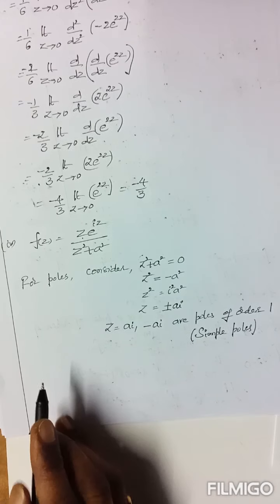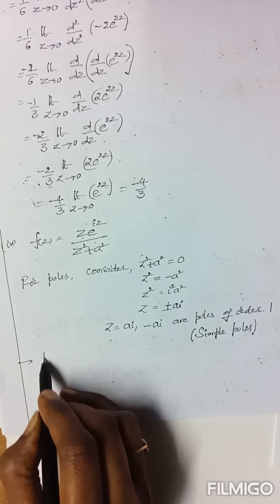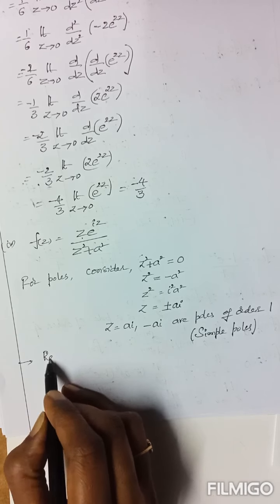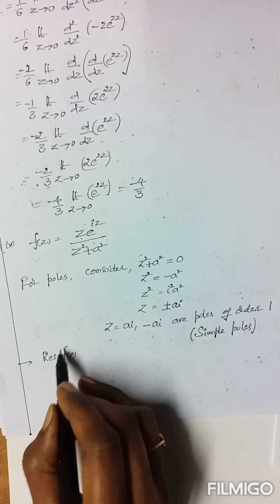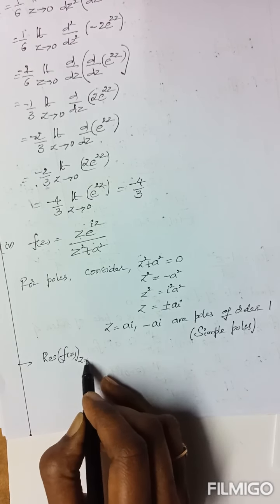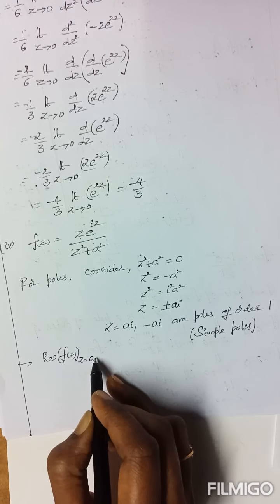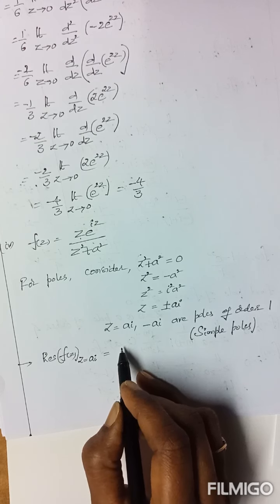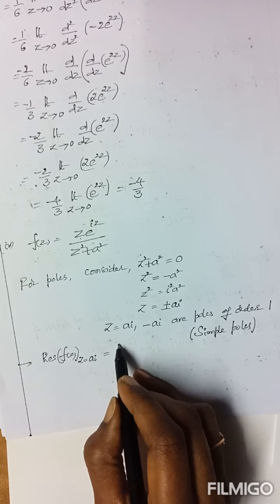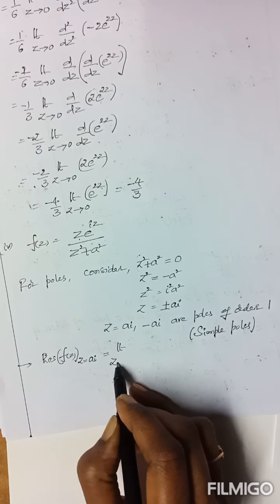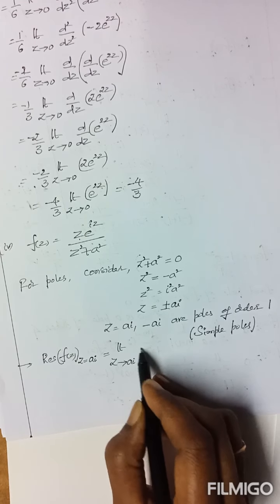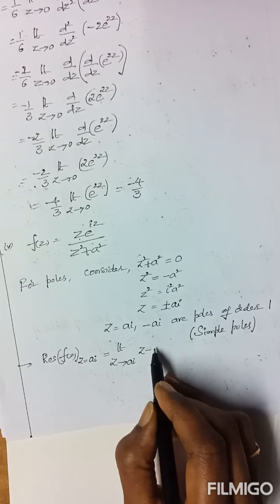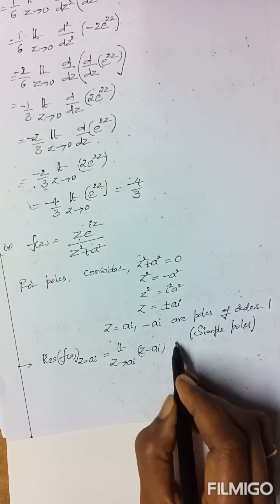After that, similar to the previous, residue of f of z at z equal to the simple pole ai. The formula is limit of z tends to ai, z minus ai, the present point is ai, into f of z.